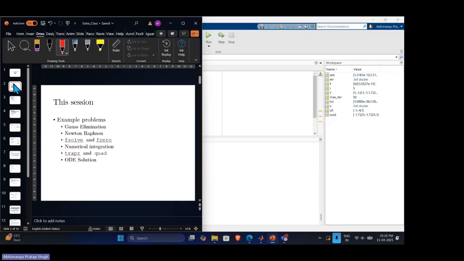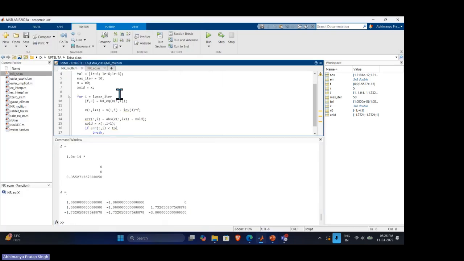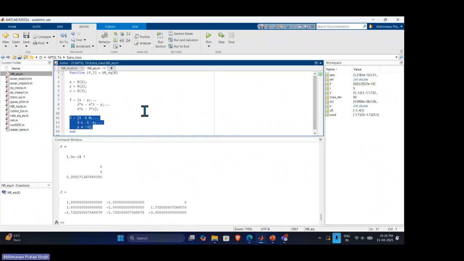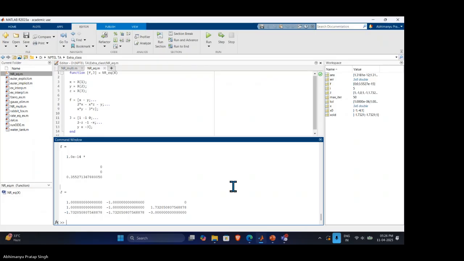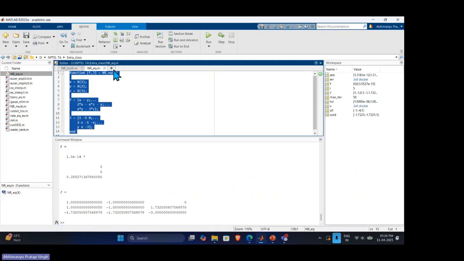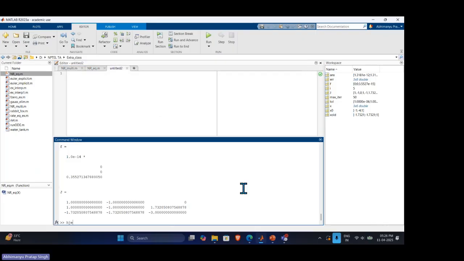Now let us see what the next part is. Before I go to that, let us also look at the fsolve and fzero functions. We can try to solve the same NR equation using fsolve. Let me just type help first.